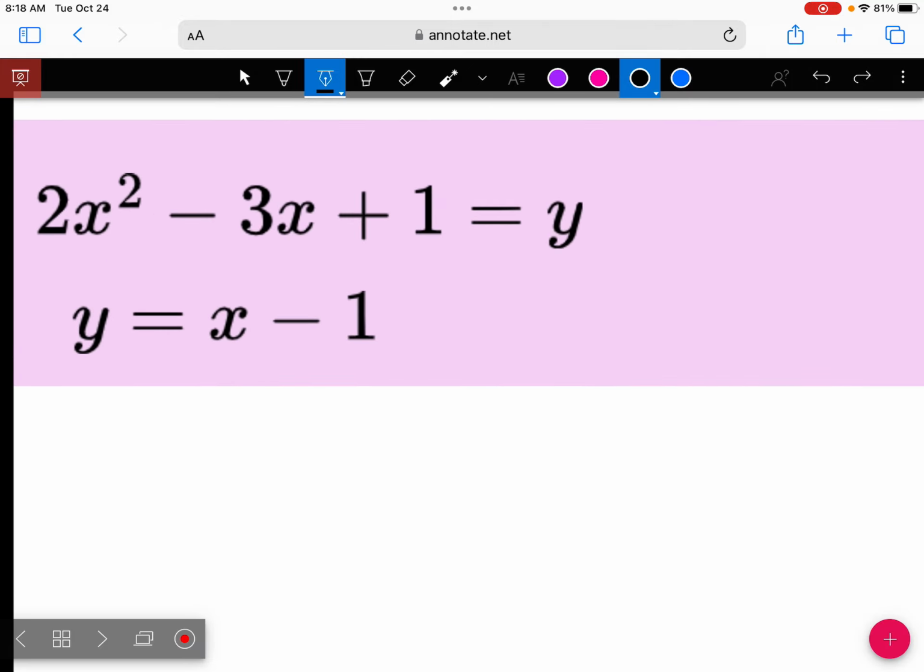So our two equations here are 2x squared minus 3x plus 1 equals y, and y equals x minus 1.